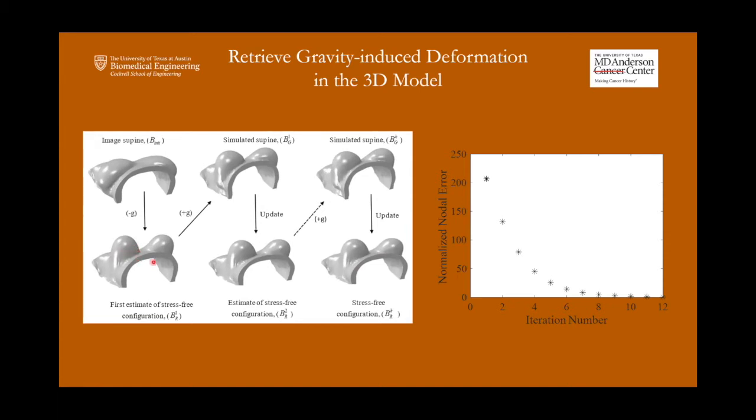Then through an iterative process, we can go back and forth while looking at the deviation between the real case and the simulation until the error becomes very negligible. That's when we know that we have predicted the right distribution of forces, or we have a reference configuration that we use to start off our simulations to predict shape in different positions.